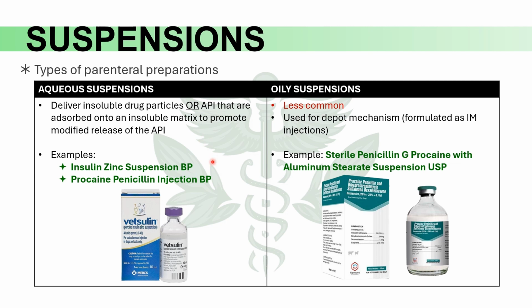Examples include insulin zinc suspension and procaine penicillin injection, which are included in the British Pharmacopoeia. Oily suspensions are less commonly used, but if they are used, it is for their depot mechanism, and as such they are formulated as intramuscular injections. An example of an oily suspension is sterile penicillin G procaine with aluminium stearate suspension as indicated by the US Pharmacopoeia, and this is actually used by vets to inject into animals.